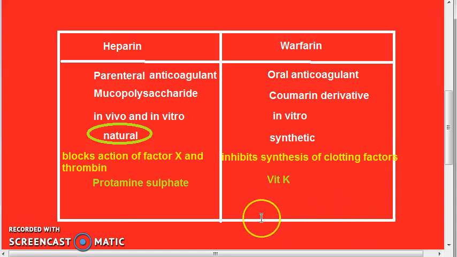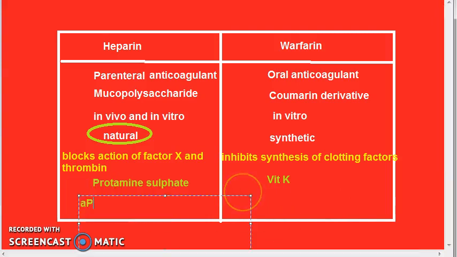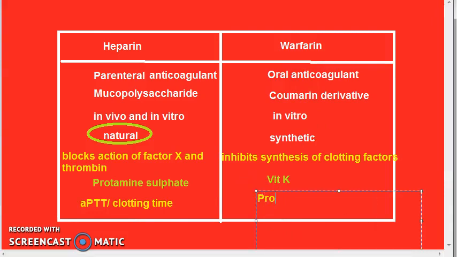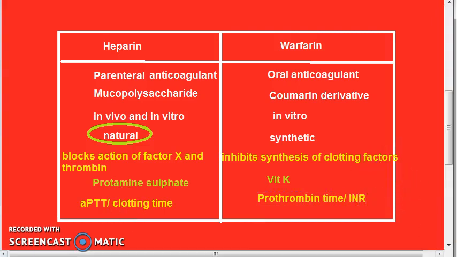Fine. Then what else will you monitor? When you are giving heparin, you should monitor APTT, clotting time. For warfarin, you have to monitor prothrombin time and INR. Do you know what these are?